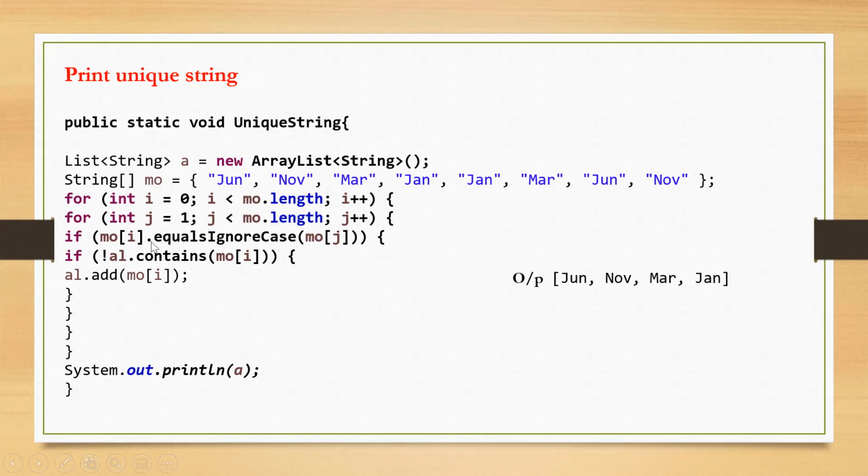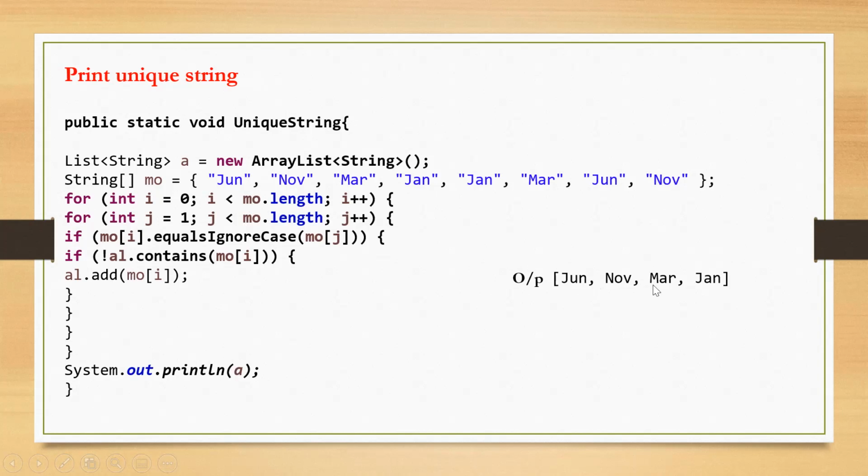If it is not getting repeated, just print the value. If it is getting repeated, it will remove that. June is not repeated anywhere. If it is repeated, take it only one time.